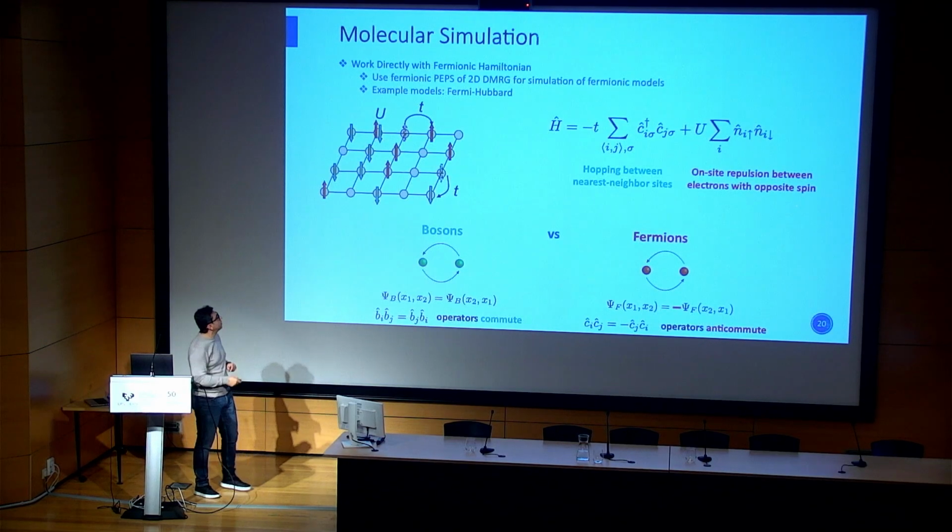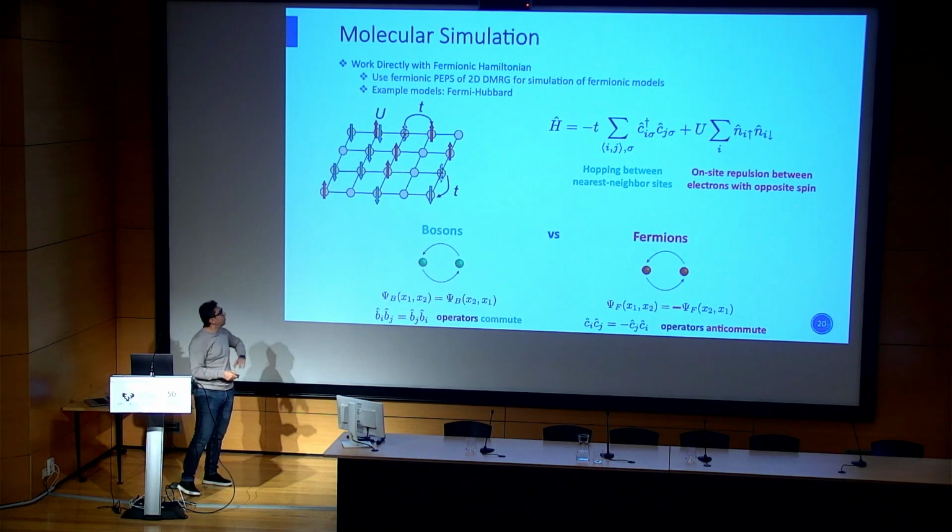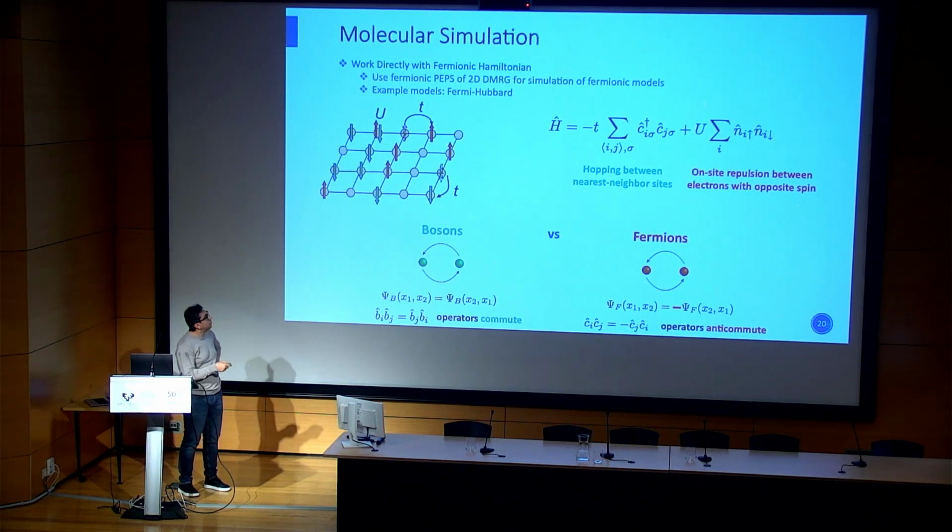Hamiltonians. The solution is to directly work with the fermionic Hamiltonian, such as, for example, the Fermi-Hubbard model, which is one of the candidate models for superconductivity, and is one of the applicable fermionic models. But if you want to work with fermions in tensor networks, you have to know that fermions are different from bosons.